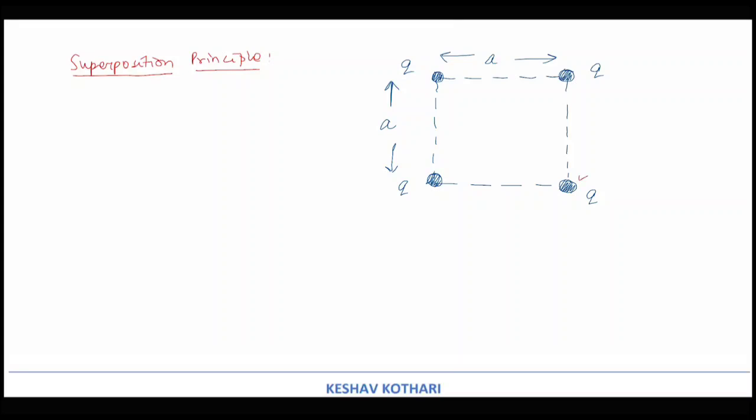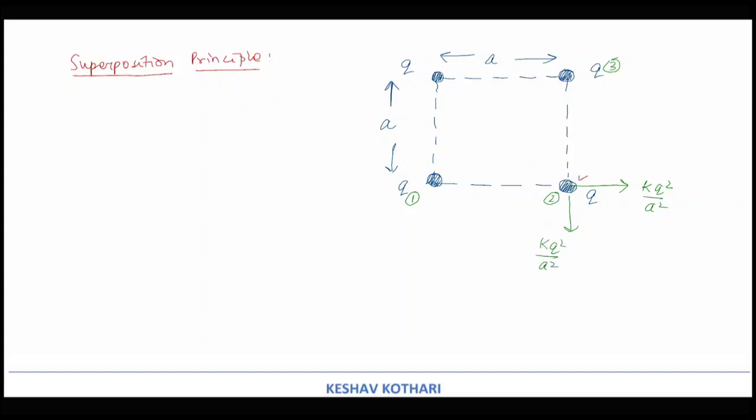So the first force that we identify is the force exerted by 1 on this charge, which I am calling 2. So force exerted by 1 on 2 is going to be kq square by a square. Another force which I identify on 2 is due to 3, which is again equal to kq square by a square.